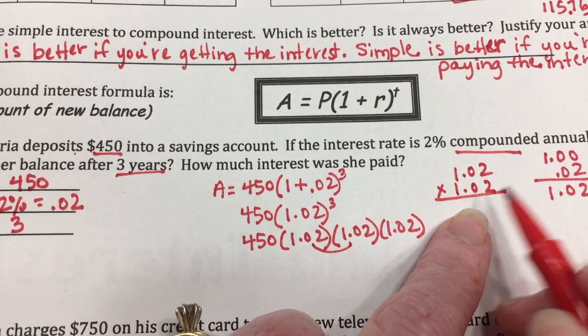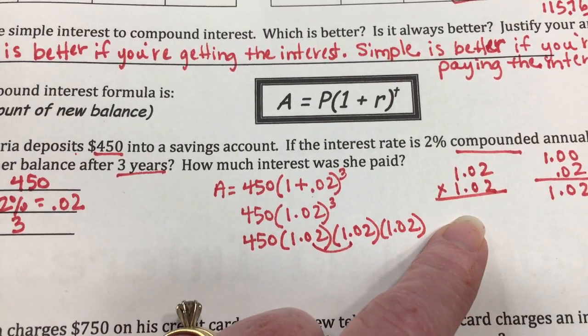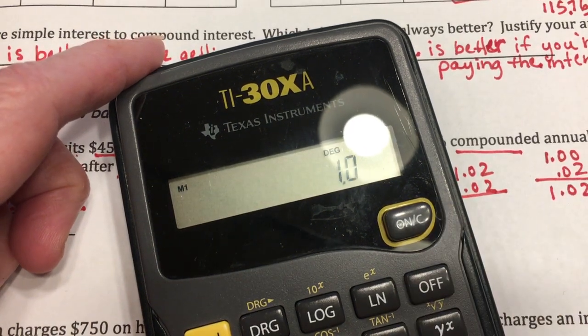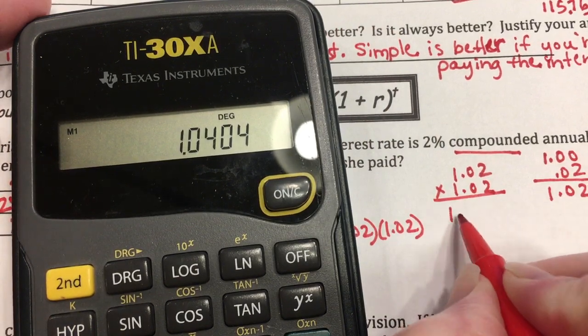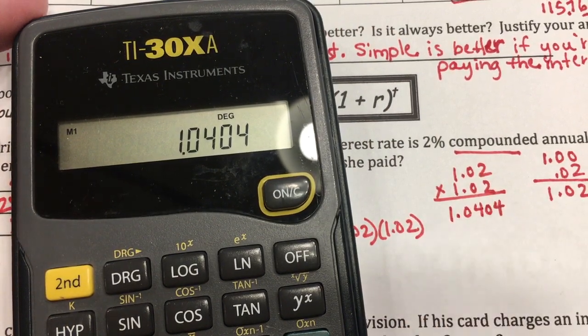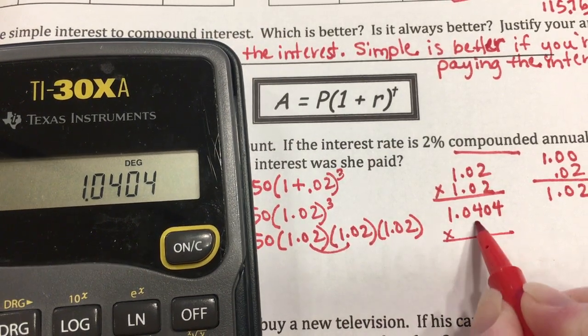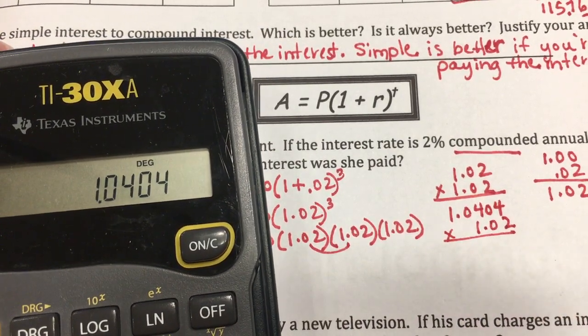If I punch this into my calculator, 1.02 times 1.02, then I get 1.0404. Then I still need to multiply times this 1.02. So I'm going to multiply times 1.02.